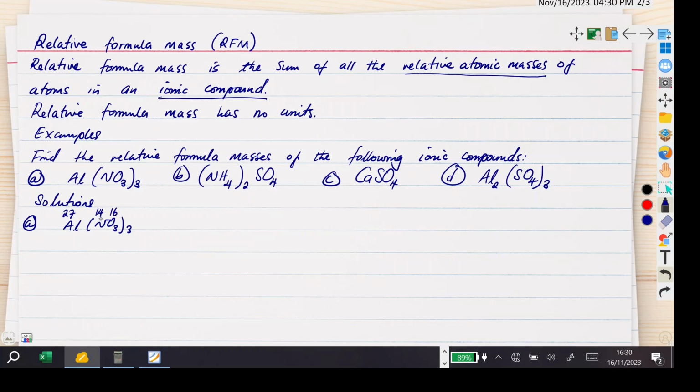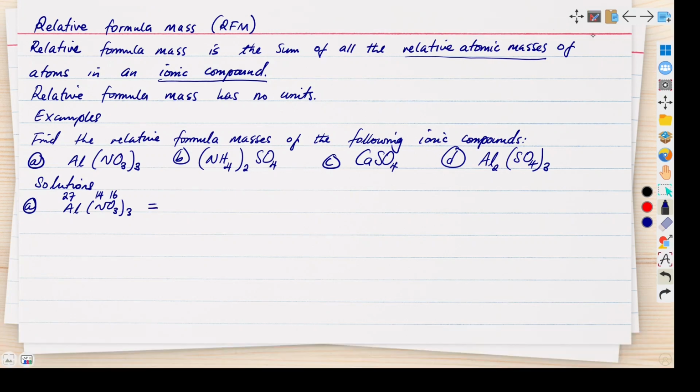Then you put the sum, meaning you add them. So you say equals, then you pick aluminium, 27. Since there is no number down here, it means aluminium is just one atom. Then you say plus as you come to nitrogen. The nitrogen is 14. Because nitrogen is inside the brackets and outside there is a number 3, it means there are 3 atoms of nitrogen, so you multiply by 3.